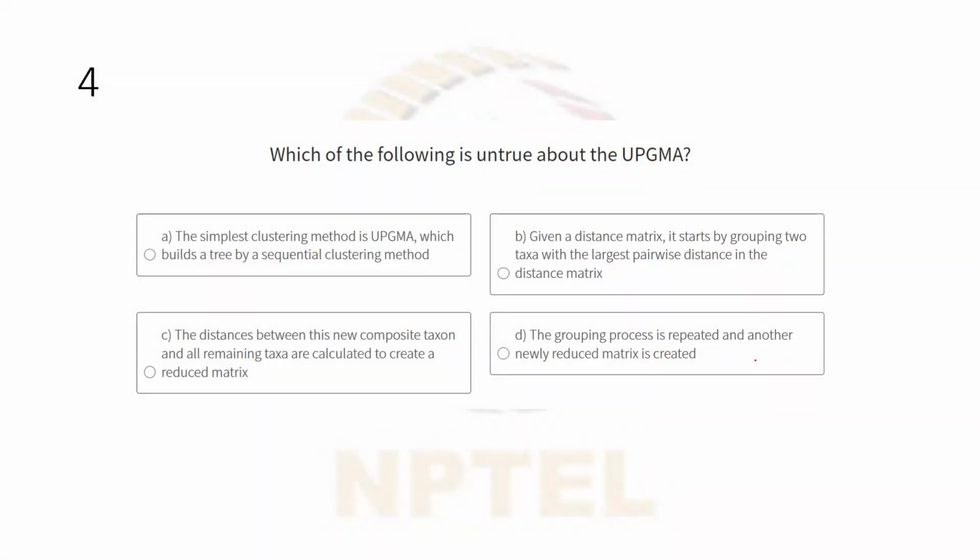Next is regarding the UPGMA method. Which of the following is untrue about the UPGMA method? There are some main steps in the UPGMA method. First, calculate the pairwise distance between all the sequences in the database, which can be done using any of the standard distance metrics such as Hamming distance or Jukes-Cantor distance.